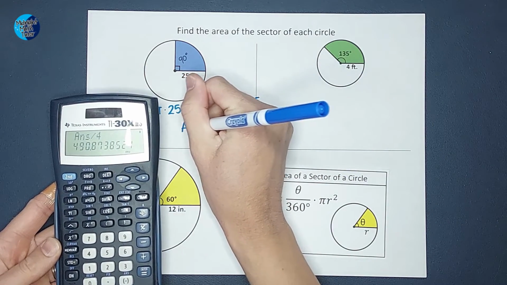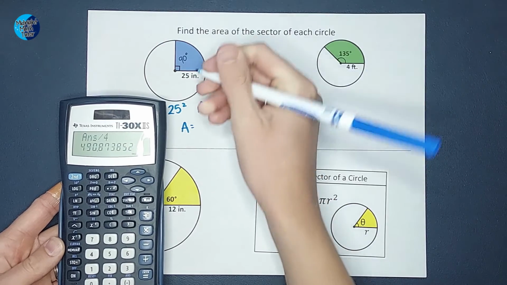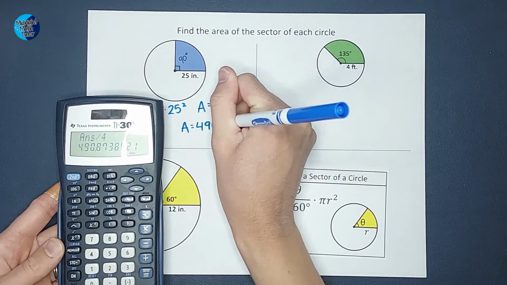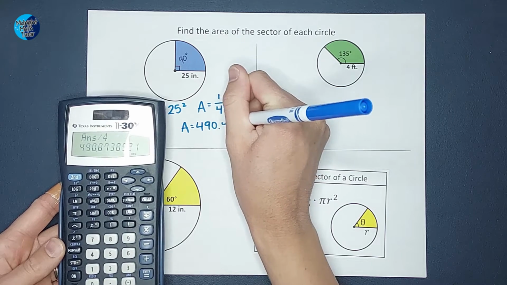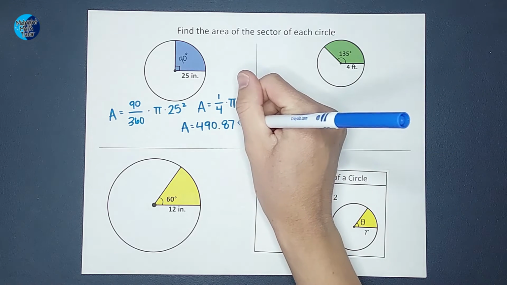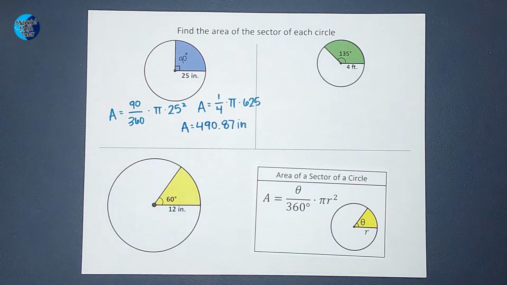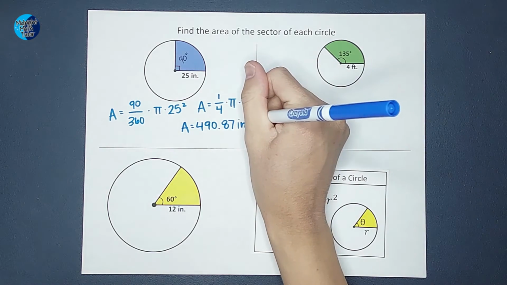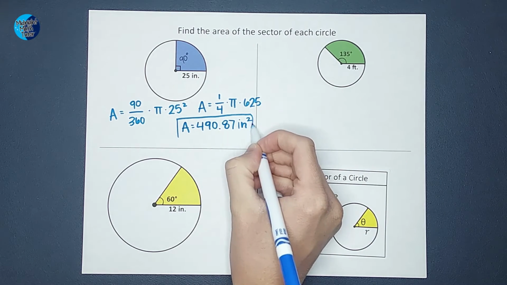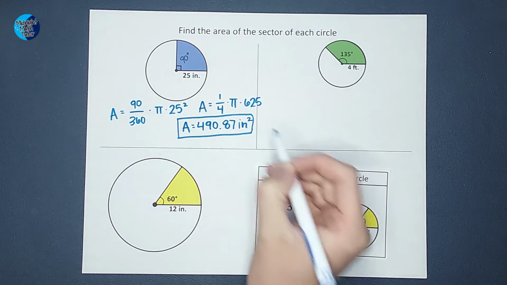So my area of this sector of the circle is 490.87. And we are in inches. And whenever we're doing area, we do inches squared. Woohoo, there's one. That wasn't too bad, right?